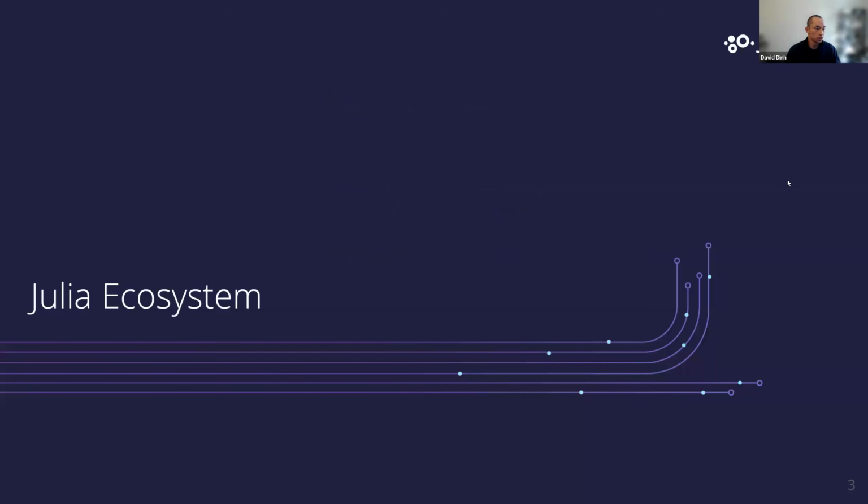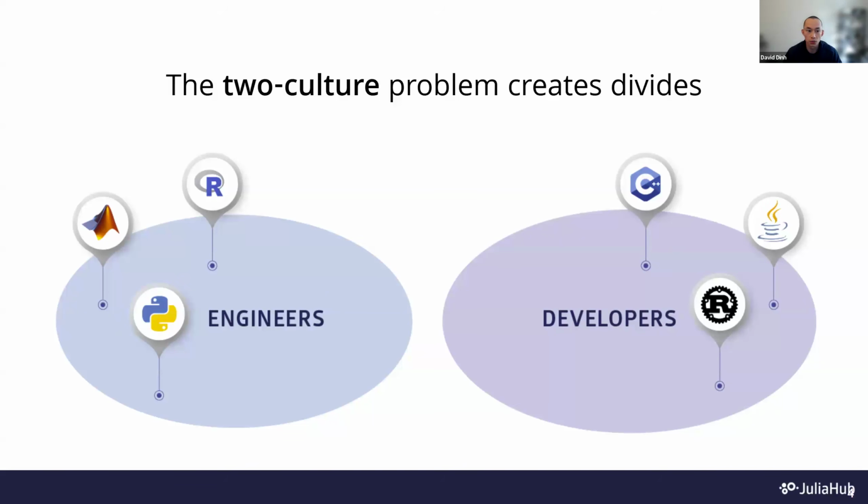All right, so what is the Julia ecosystem? With all the companies we've worked with across various industries, whether it's automotive, aerospace, robotics, or AI, these companies face this two-culture problem. Generally speaking, early on in the research and development phase, engineers and scientists prefer higher level, succinct programming languages that allow them to perform research and analysis without having to focus on low level memory management and programming details.